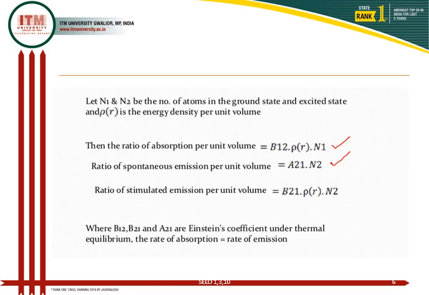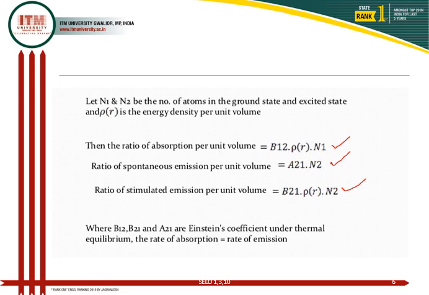That is why there are only two things here: the coefficient A21 and N2, the number of atoms in the excited state. But in stimulated emission, we stimulate the system so that the atom moves to the ground state, and that is why it also depends on the applied energy.